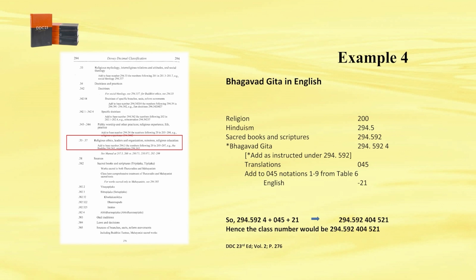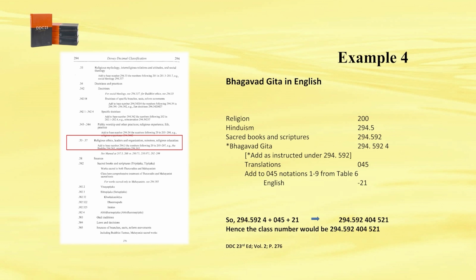And in the bottom, there is written, add as instructed under 294. The asterisk means here, add as instructed under 294.592. There, we have found the number for translation is 045.